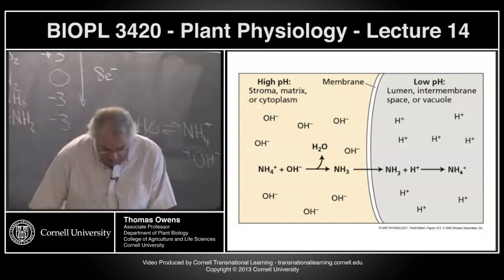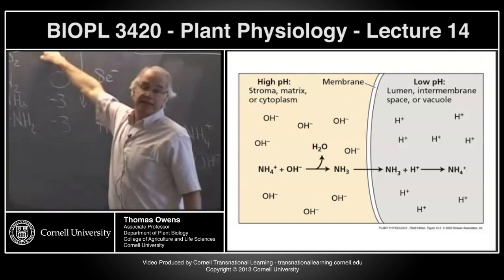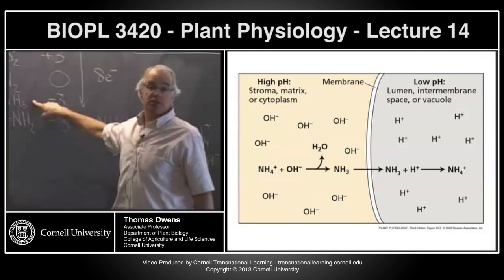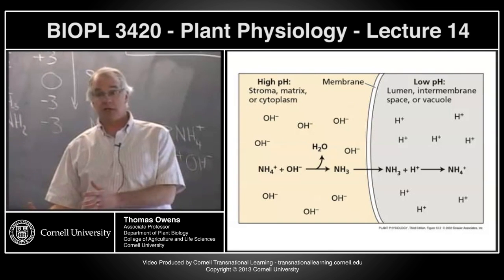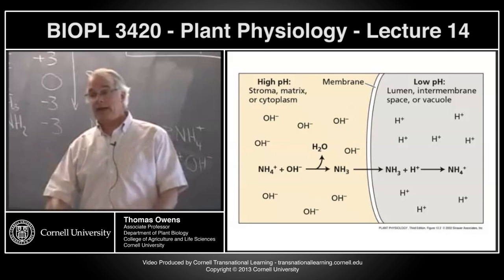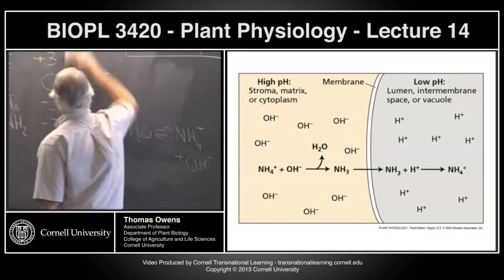Okay, so let's think about the processes that are going on inside the cell to take nitrate ion and reduce it to ammonia. Once the nitrate's inside the cell, that's the first step in getting that nitrogen into a form that can be used for organic compounds.